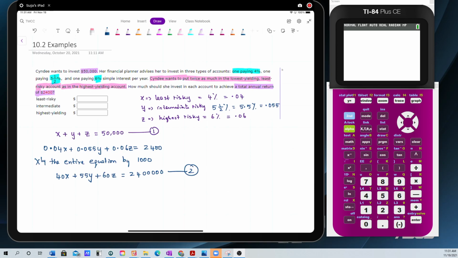So the lowest yielding account is X, the least risky account is X, and the highest yielding account is Z. So I can say in X she wants to put 2 times Z. So that will be my equation 3.